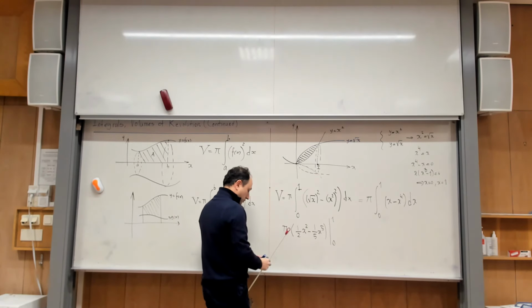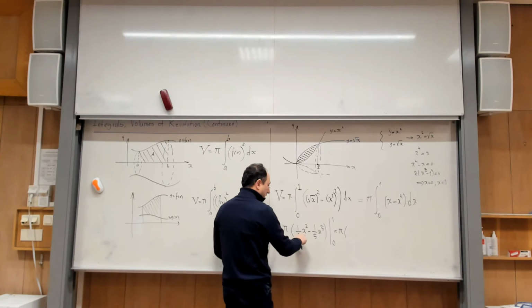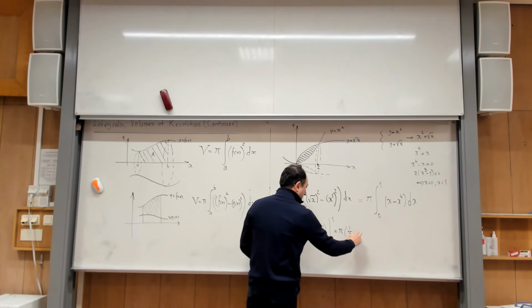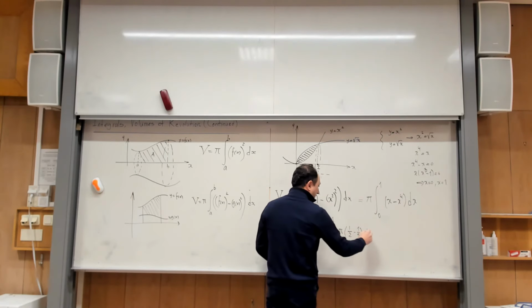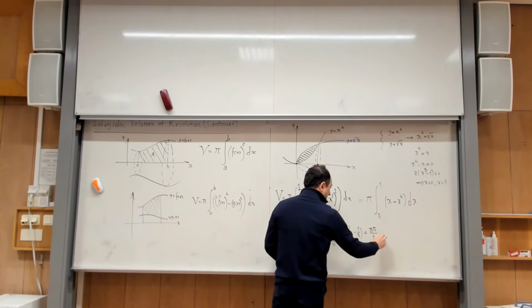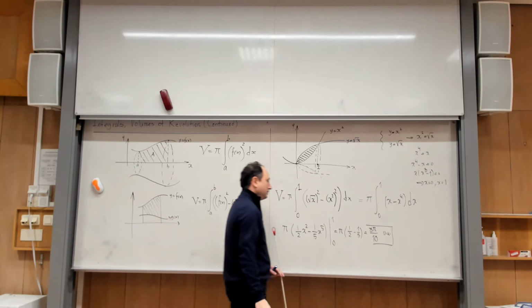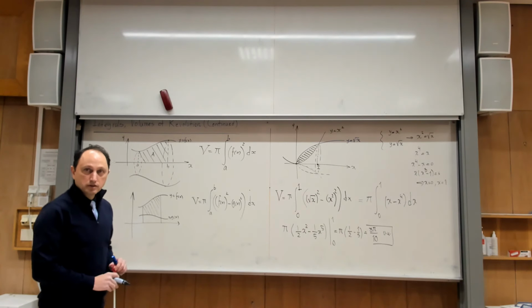So this is why I do not make it two branches. I put 1 here, it becomes 1/2 minus 1/5. And then if you simplify it, it becomes 3 pi over 10 volume units. That's the exact value, and you have to keep it exact. Any questions?